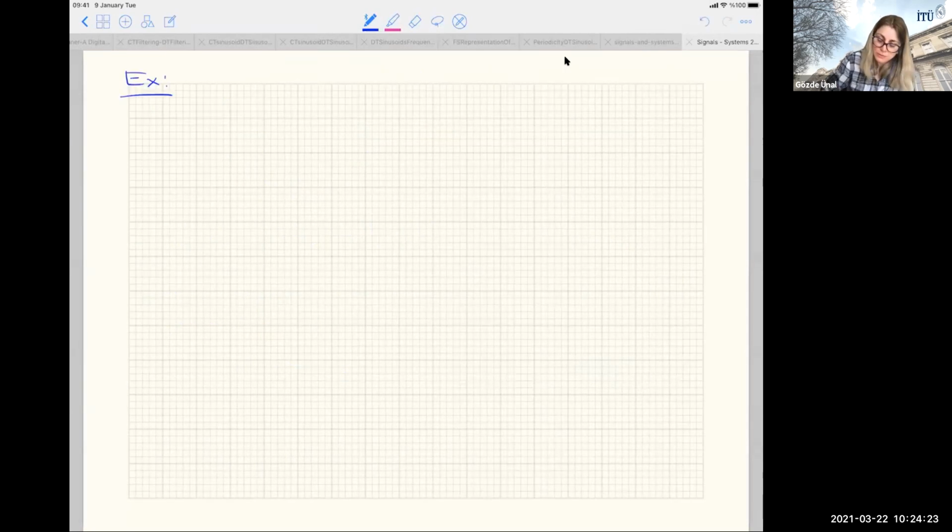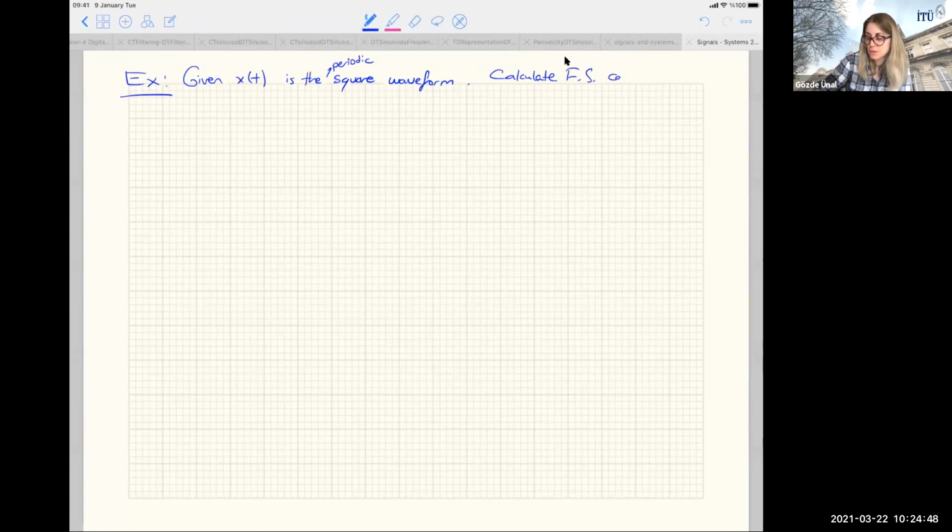Given x of t is the square waveform, I mean, you can have it in different forms, and it should be periodic, of course, the periodic square waveform. I'm asking you to calculate the Fourier series coefficients of this signal, coefficients of x of t, okay?